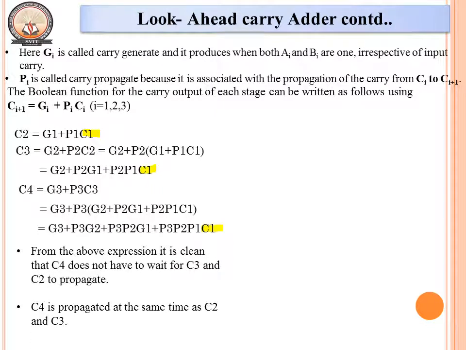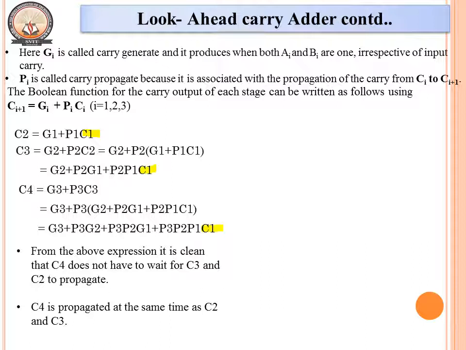What we understand from the above expressions is that in all these three expressions, C2, C3 and C4, only C1 is involved. That means C1 is available in all the expressions.